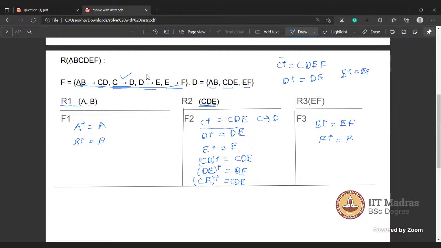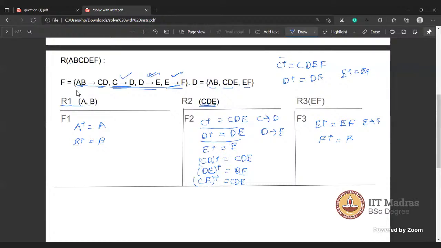Then we have to see whether D determines E is preserved or not. So we can say that D determines E is preserved in the child table. Then you have to see whether E determines F is preserved or not. From this we can say that E determines F, so E determines F is preserved in the child table.